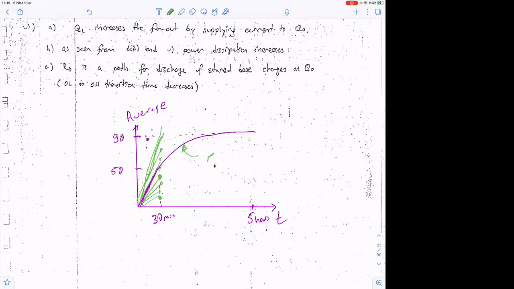So the time constant depends on your familiarity with the questions.